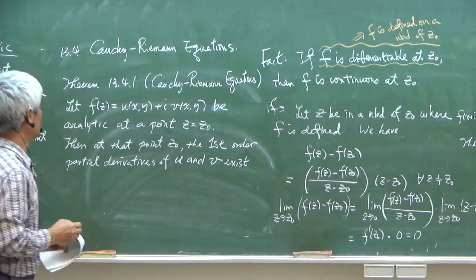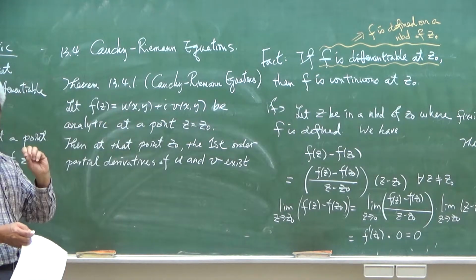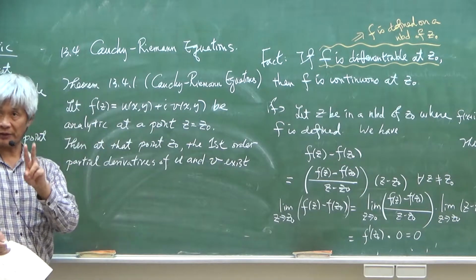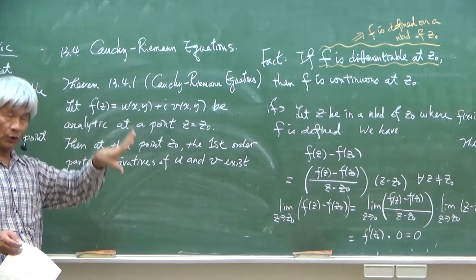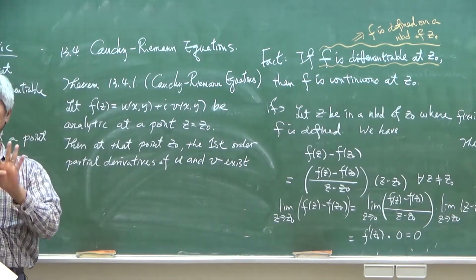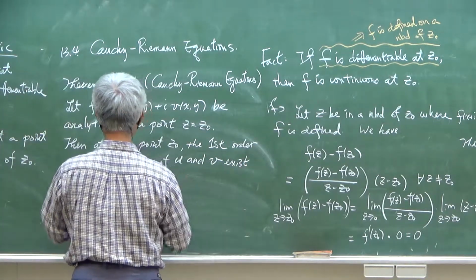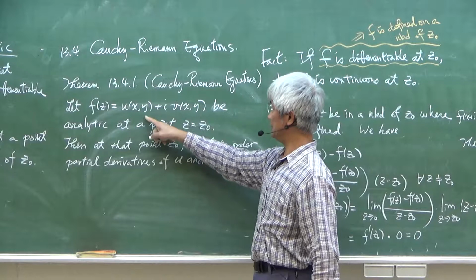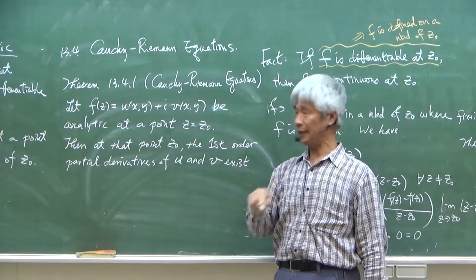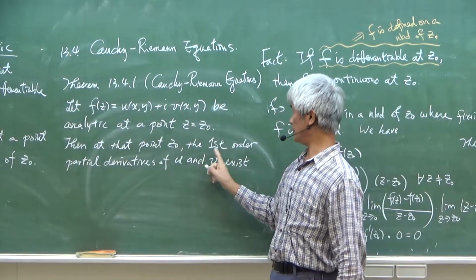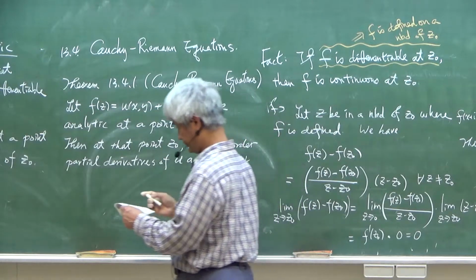Right? So u has two first order partial derivatives, u_x, u_y, right? And v has two first order partial derivatives, v_x, v_y, right? So in total we have 4 first order partial derivatives. And we say that if f of z, this complex function, is analytic at a point, then these 4 first order partial derivatives exist. Okay, at this point.